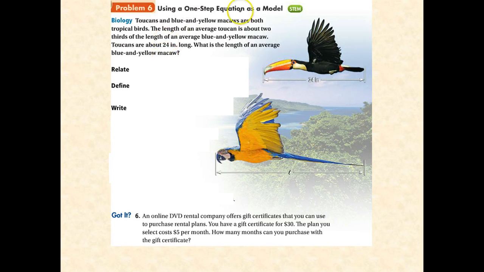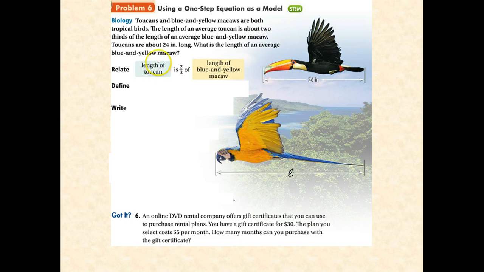All right, using a one-step equation as a model. Toucans, right here, and blue and yellow macaws are both tropical birds. The length of an average toucan is about 2/3 the length of an average blue and yellow macaw. Toucans are about 24 inches long. What's the length of an average blue and yellow macaw? So L is what we're trying to find out here.